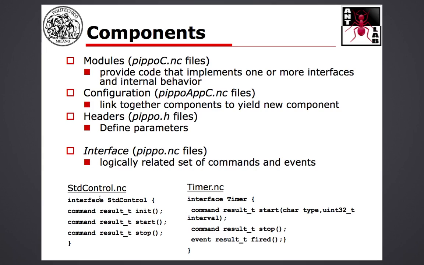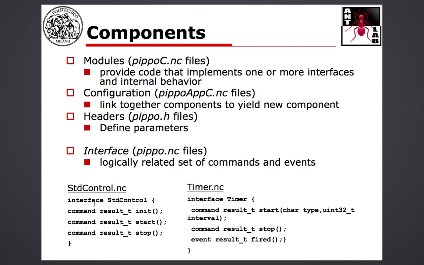So let's look at these two examples. When we talk about interfaces, you should not make the mistake of taking interfaces for components or mixing them together. Interfaces do not contain any code. They just contain definitions.